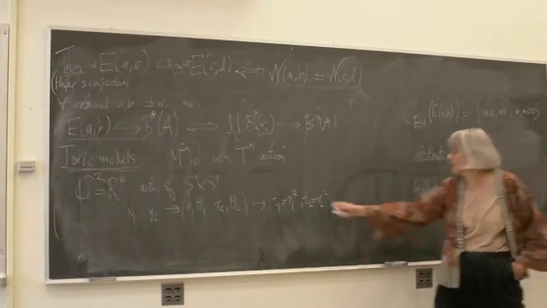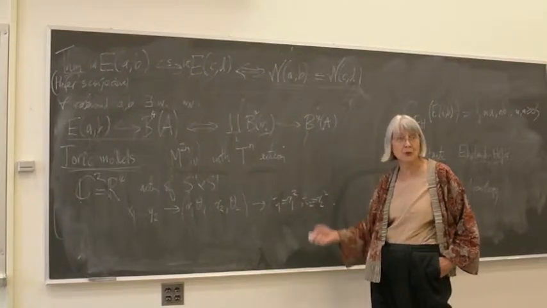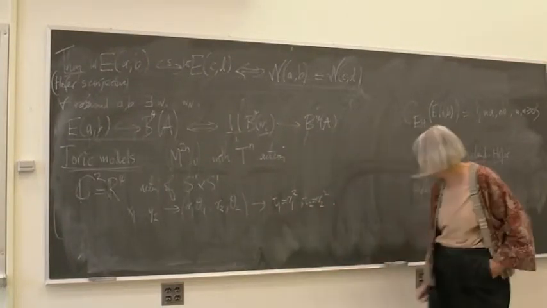And actually, this happens to be the moment map for the circle action because I told you a quadratic form would just give you a circle action.